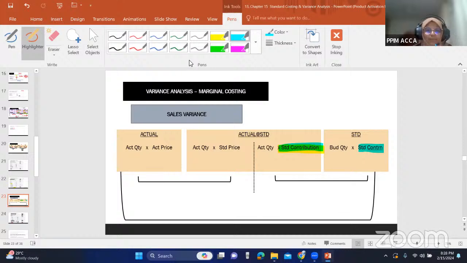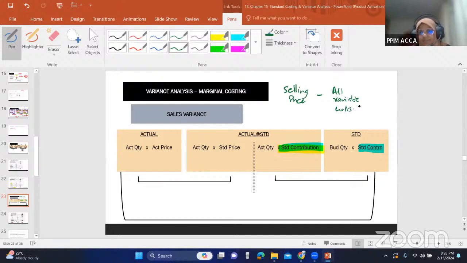So what is this contribution? It is the selling price minus all variable costs. So all variable costs, variable production cost, as well as even if there are variable selling cost, anything variable, we will deduct it from the selling price. Okay.